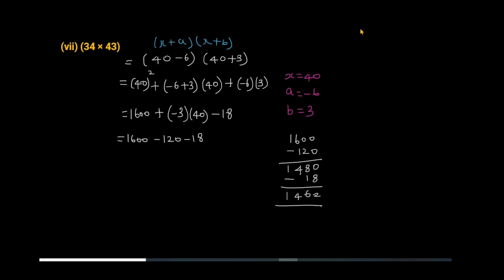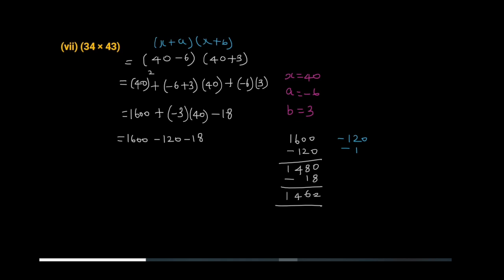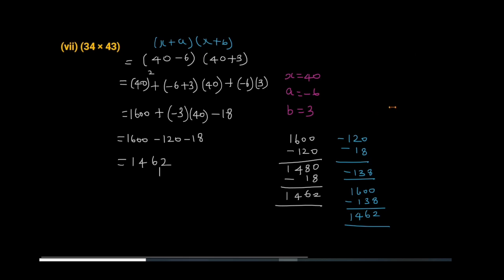Or else you can add two negative integers together, then subtract, which is minus 120 minus 18 is minus 138. Now 1600 minus 138, what will be the answer? 1462. So both ways we are getting the same answer, which is 1462. So the answer is 1462, 34 into 43, 1462.